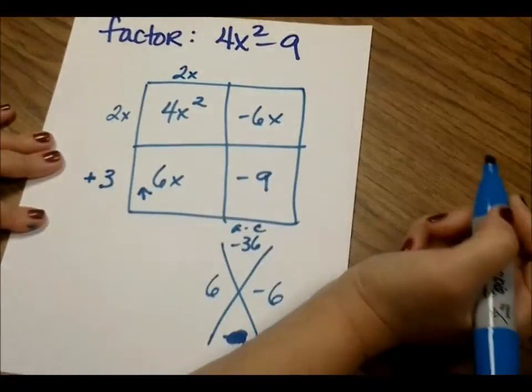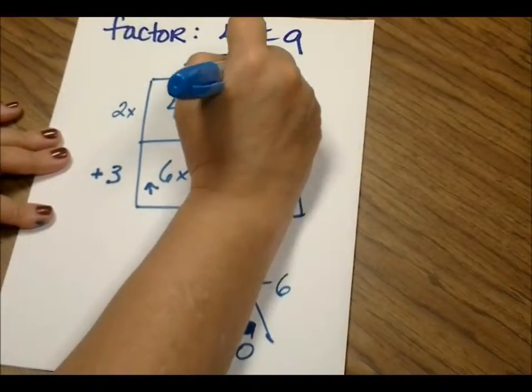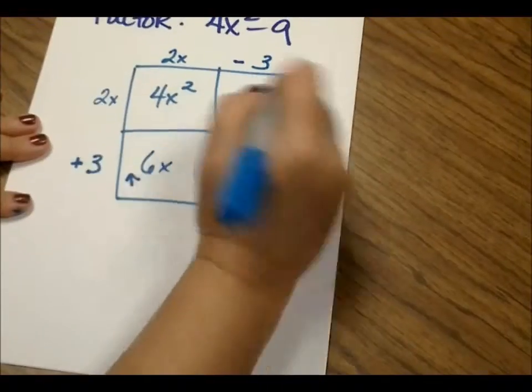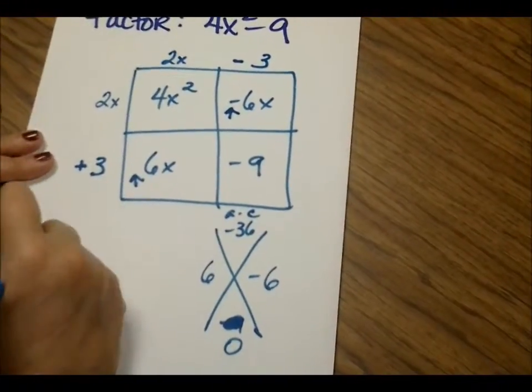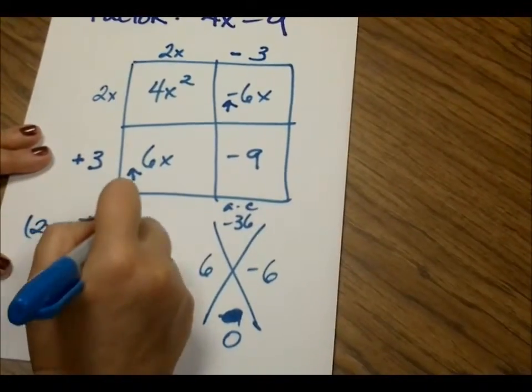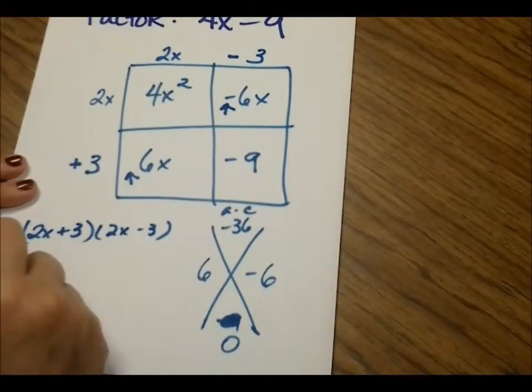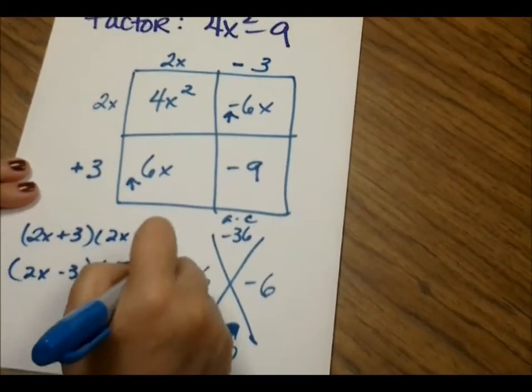They have a 2 and an x. And these have a 3, and it is negative 3 because I'm taking the sign that goes with this term. So I have 2x plus 3 times 2x minus 3, or 2x minus 3 times 2x plus 3.